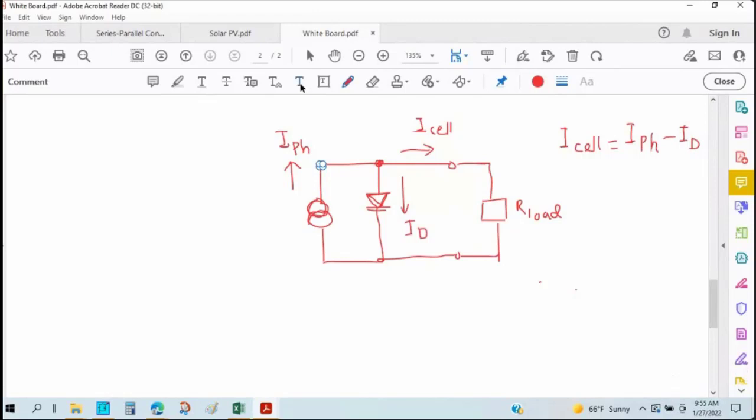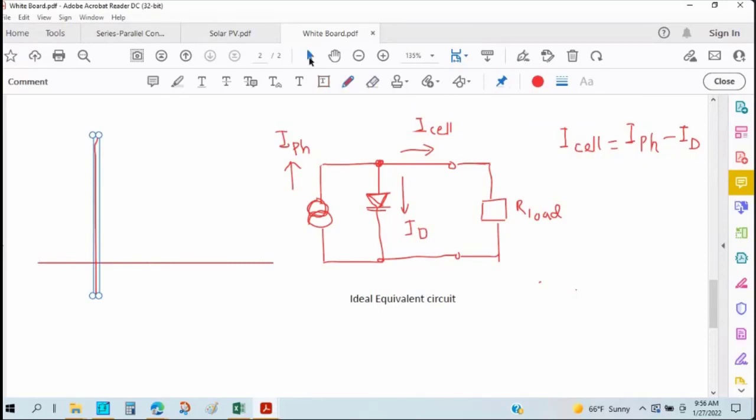This is the ideal equivalent circuit of a solar cell, and it will look like this one. Let's think that we are getting constant current from the solar panel.